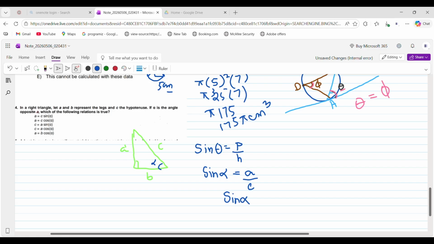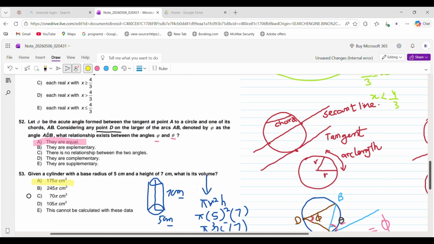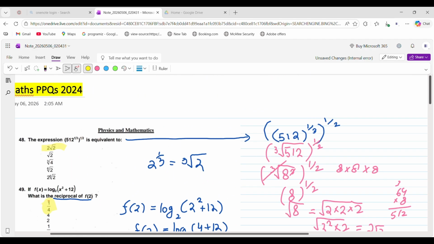Sine alpha, or I can write C here or here. It's basically same, is equal to A. Now let's see what's our answer. In the first option, we have gotten basically A is equal to C sine alpha, which is the right answer. We have gotten it. So this was very simple. So we are done with maths MCQs from IMAT past papers 2024, and now we'll be solving physics MCQs.